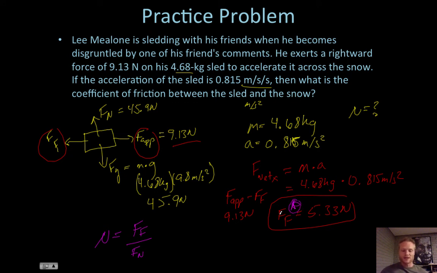My force of friction is 5.33 newtons, divided by my normal force, which is 45.9 newtons. If you do that math problem, I get a coefficient of friction of 0.116. Now remember, there are no units for the coefficient of friction. It's just a numerical value.